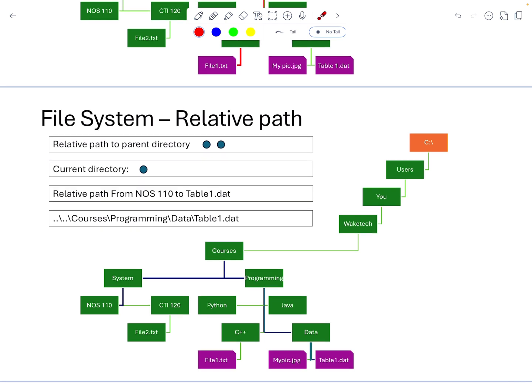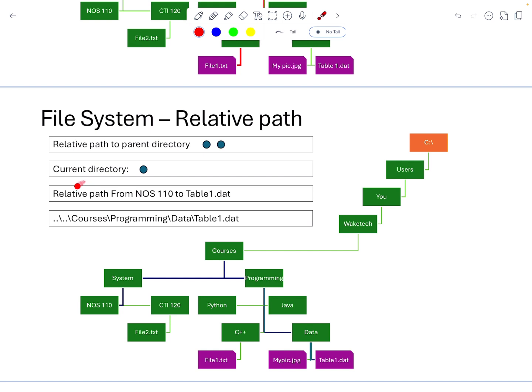Then what is a relative path? Often students get confused with relative path. Relative path means it's relative to some reference point. That's the key thing you need to remember. So it's relative to what? It's always relative to the current directory where you are placed.